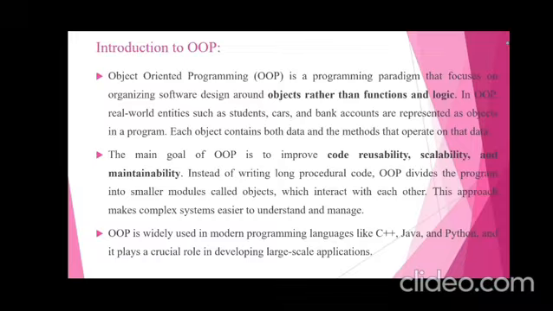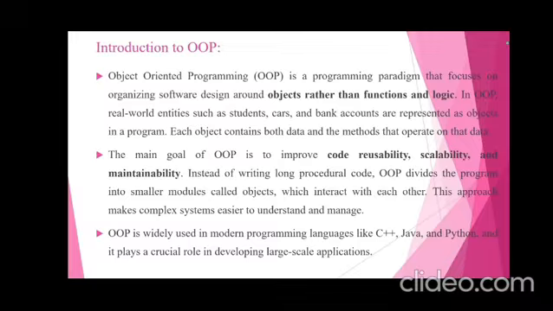The main goal of object-oriented programming is to improve code reusability, scalability, and maintainability. Instead of writing long procedural code, object-oriented programming divides the program into smaller modules called objects, which interact with each other. This approach makes complex systems easier to understand and manage.